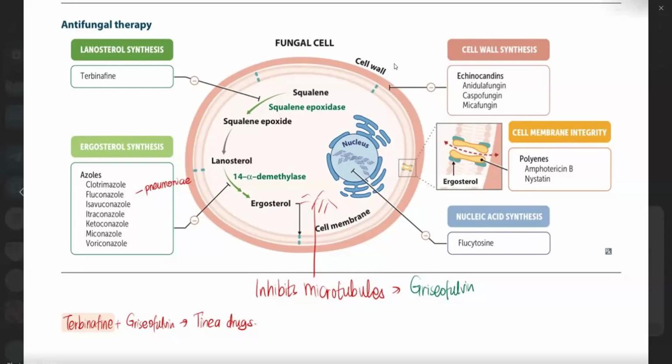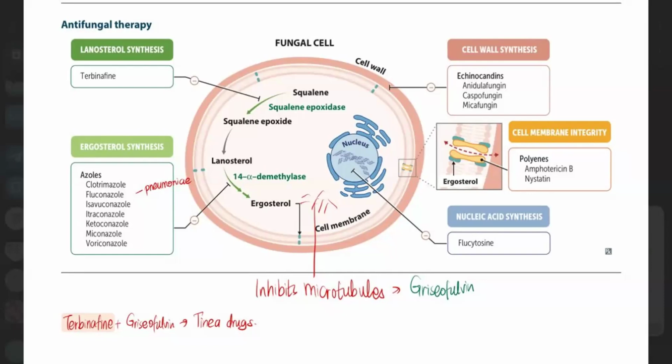Remember, in bacteria, what antibiotics do we use for the cell wall? What are the cell wall inhibitors? Give me examples. Cephalosporins. Okay, that's not the most common, but penicillin, yes. So I want you to think of echinocandins as the penicillins of fungi.